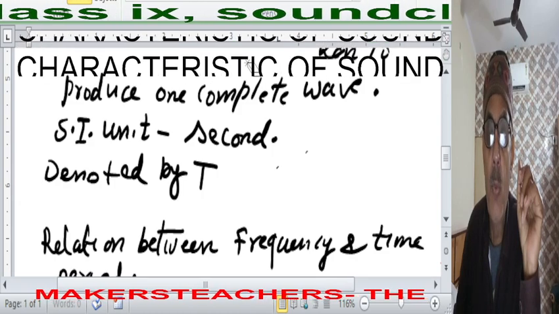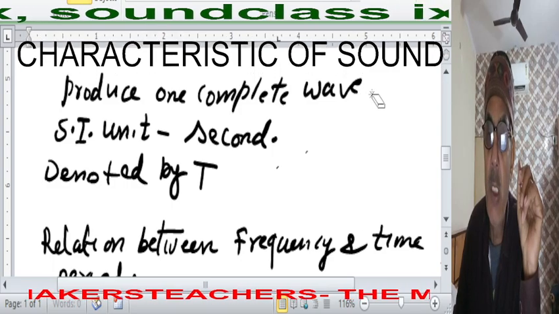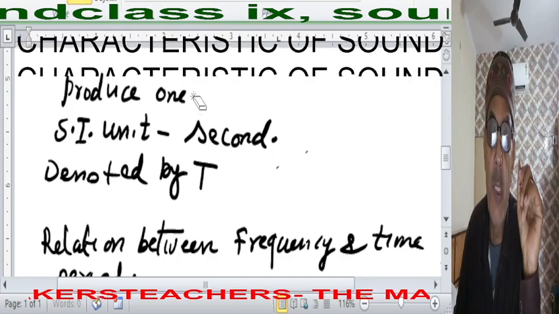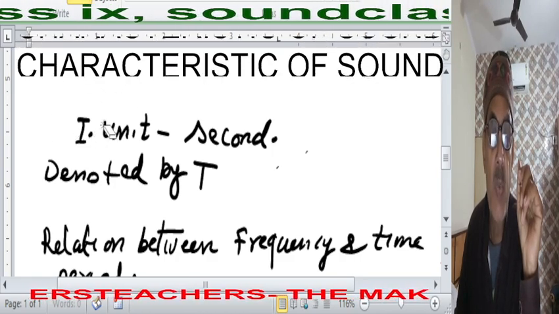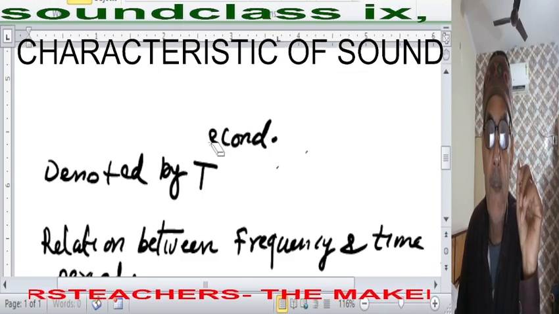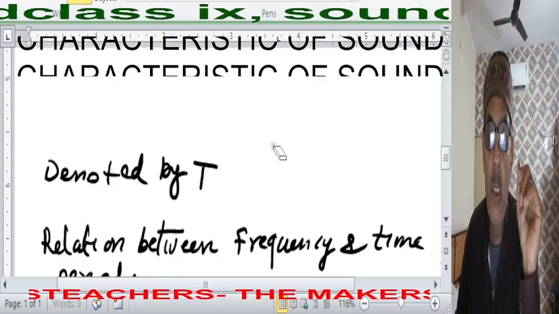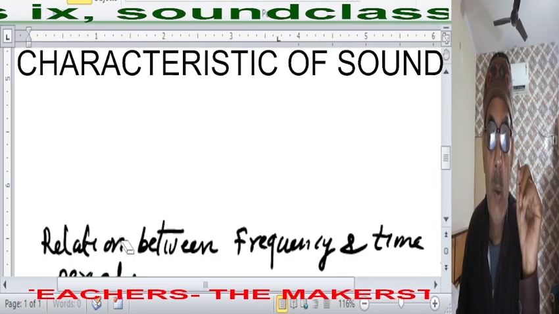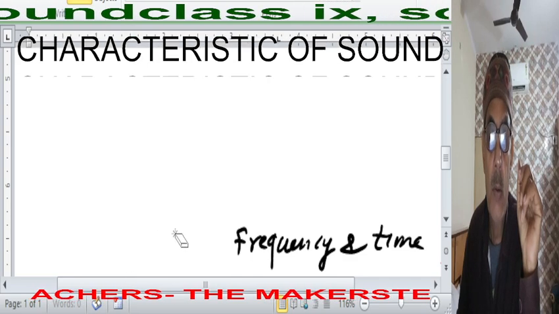v equal to lambda nu और nu lambda. इस पे एक न्यूमेरिकल आ सकता है, न्यूमेरिकल इस पे भी आ सकता है. nu इज इक्वल टू 1 अपॉन t और t इज इक्वल टू 1 अपॉन nu. तो इन फार्मूले को आप याद करेंगे समझ के. ओके, भूलना नहीं है.